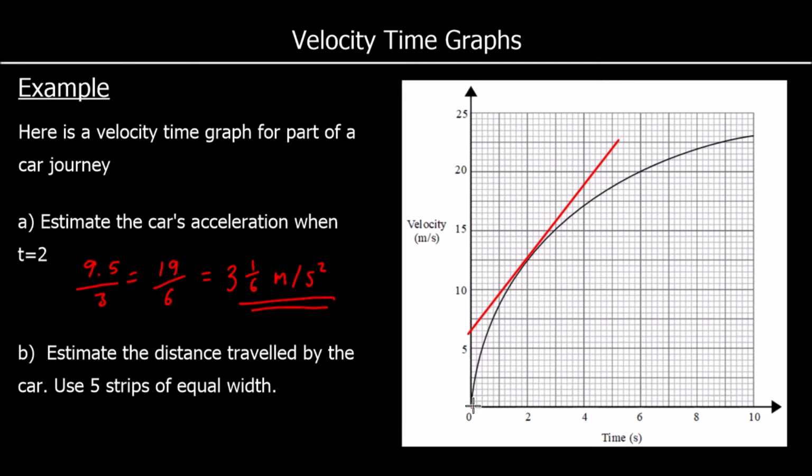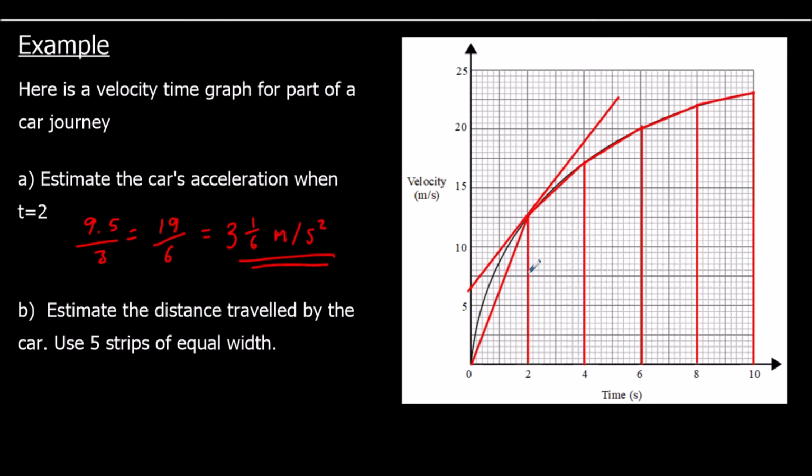So I'm going to have a triangle for my first shape, then I'm going to have trapeziums. So I'm going to have 1 triangle and 4 trapeziums. So I'm going to work out the area of each of these shapes and add them together to get an estimate for the distance traveled.